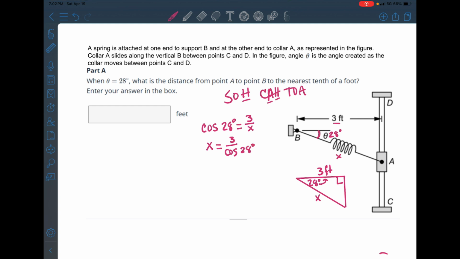And it says to the nearest 10th of a foot, so that's 1 decimal place. When you put 3 divided by cosine of 28 in your calculator, you get 3.4 feet. And because it gives you feet, you don't have to write it. So be careful of that. If it gives you what your unit is, just leave it alone.